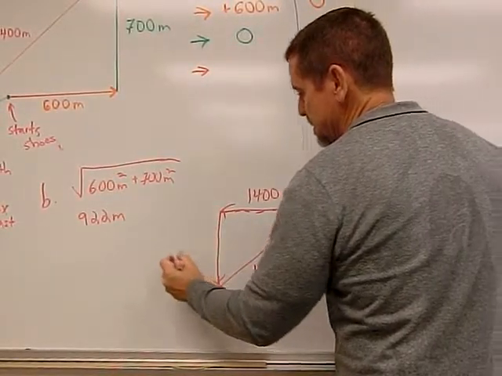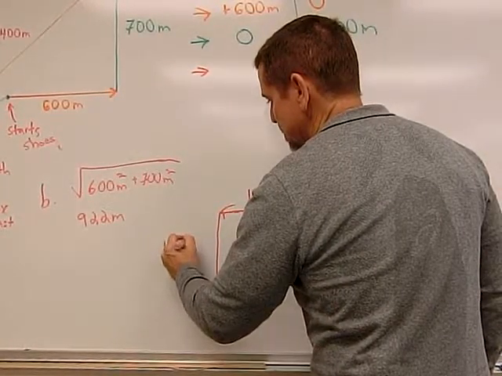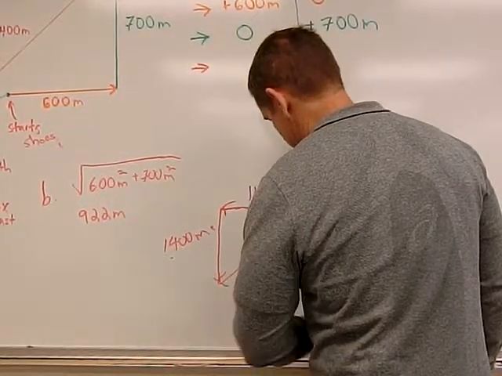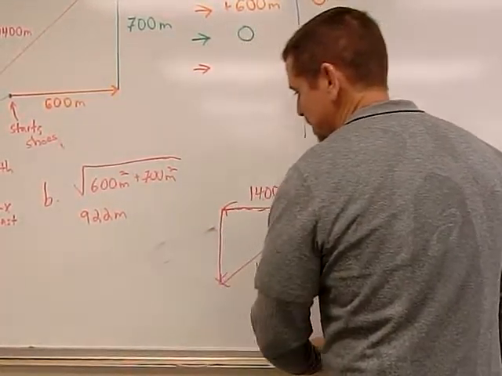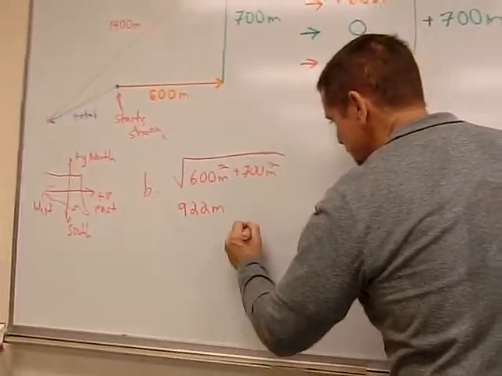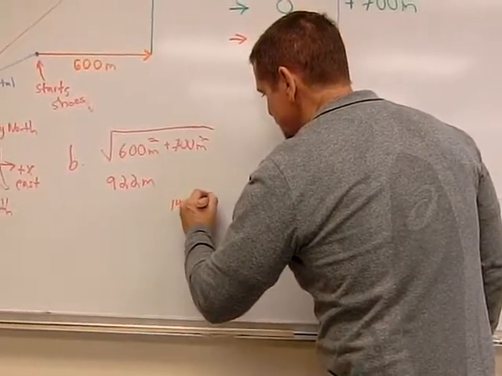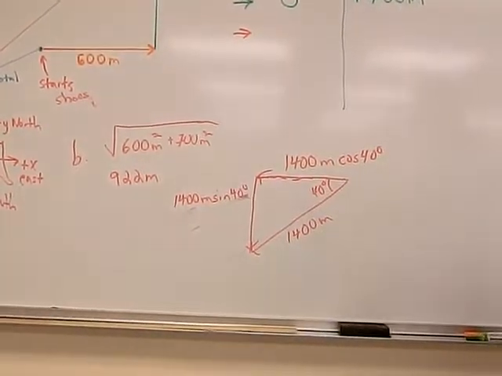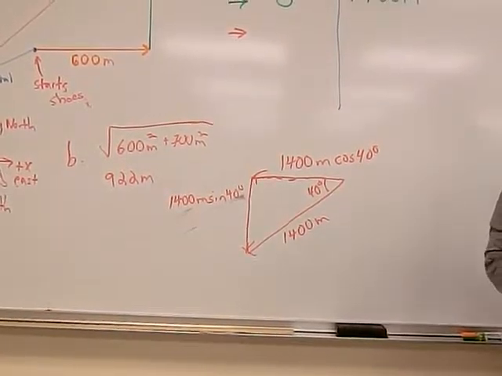This guy's the opposite, so he's 1400 meters times the sine. Let me redraw that. 1400 meters times the sine of 40 degrees. Okay, so let me calculate those out.